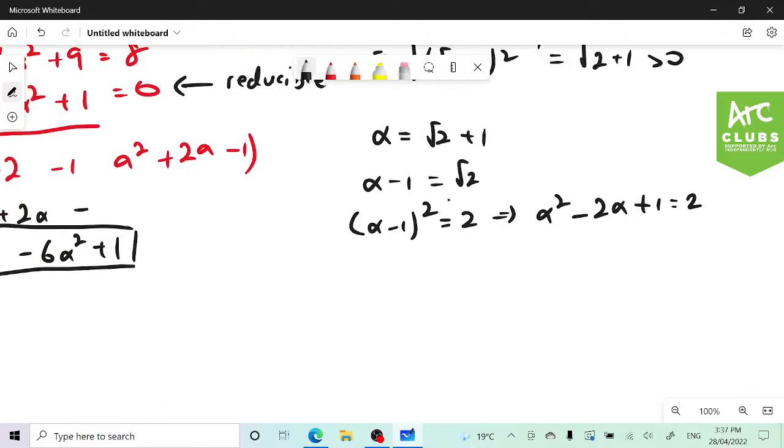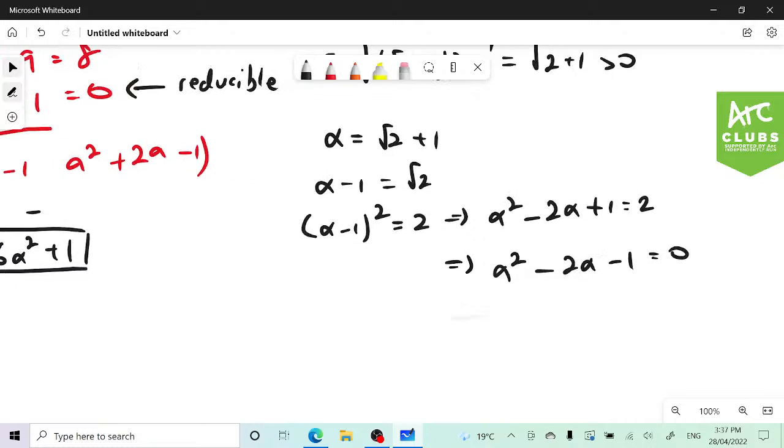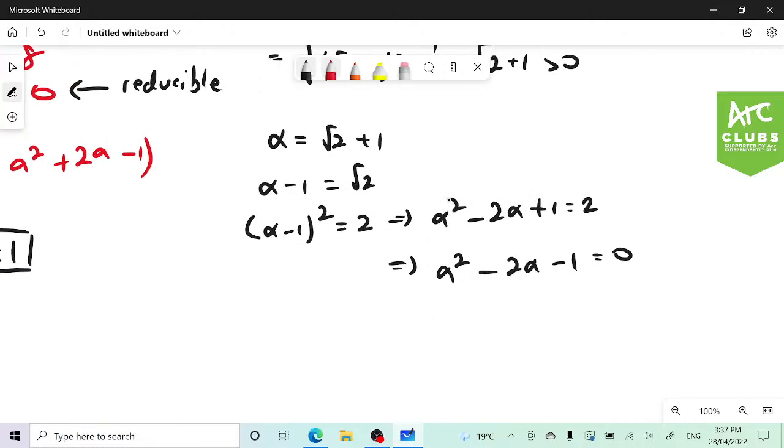And so that implies that alpha squared minus 2 alpha minus 1 equals 0. You can show that this is actually the minimal polynomial as well.